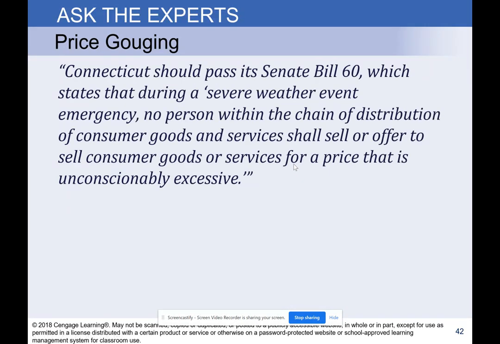What does the expert say? Price gouging.